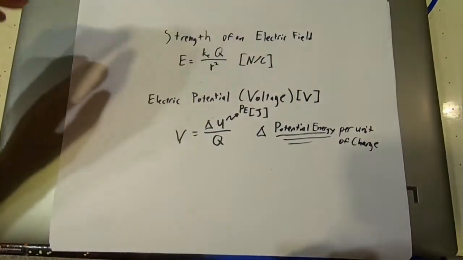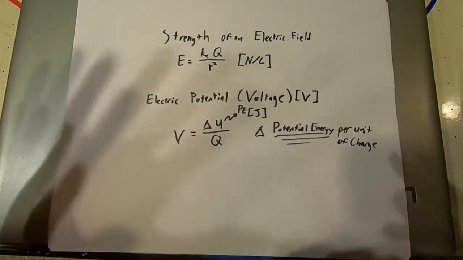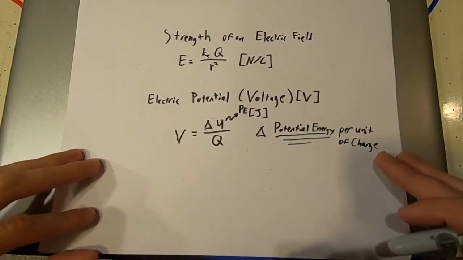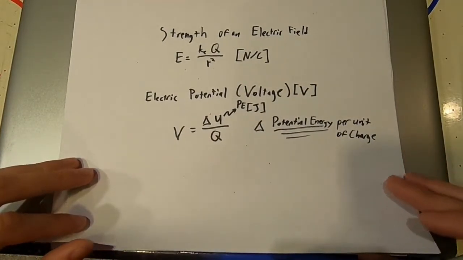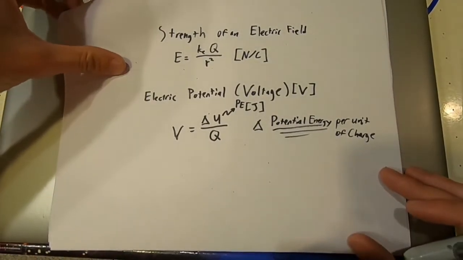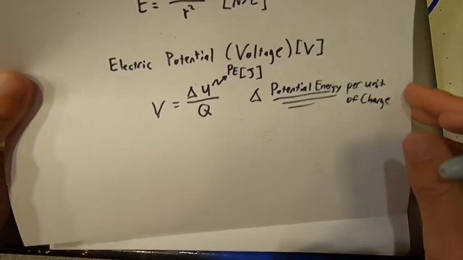So to better get an idea of the whole potential energy concept, I'm a mechanical engineer, but for those of you who are watching this video might not be as in tune with this, we're going to look at an example from gravity.